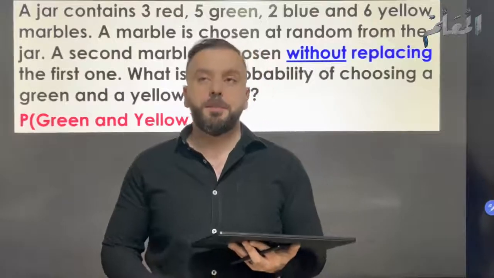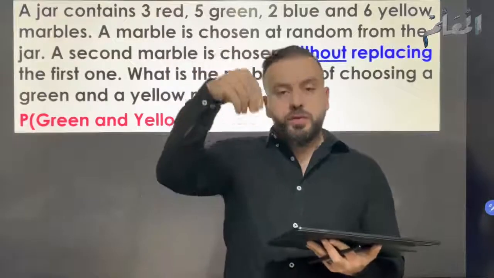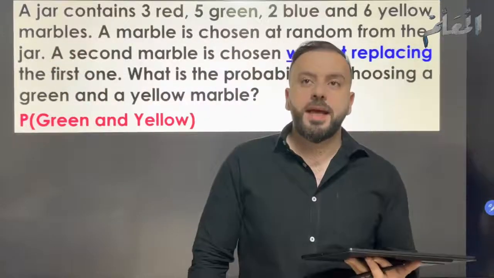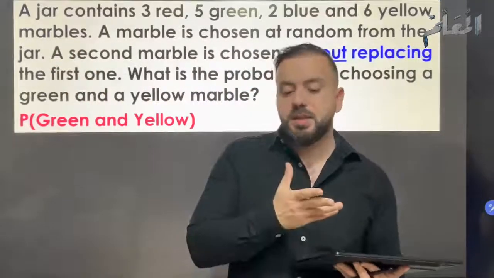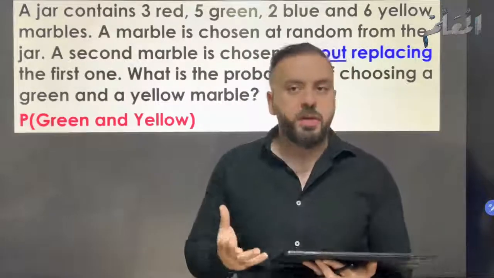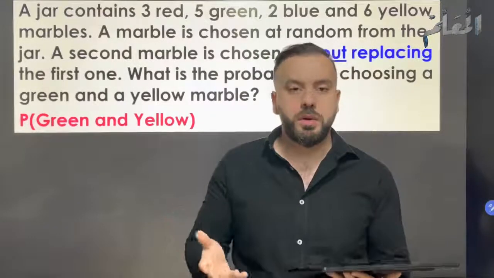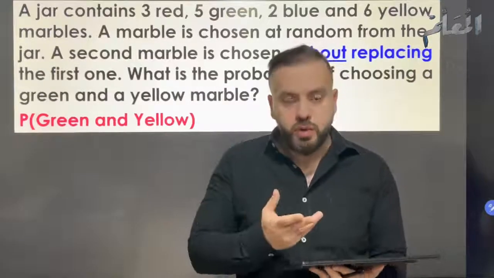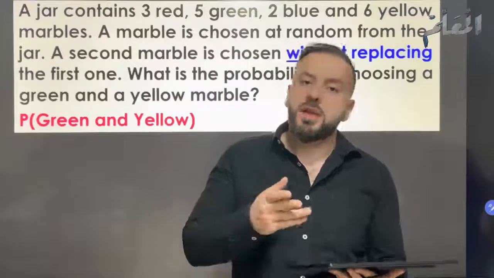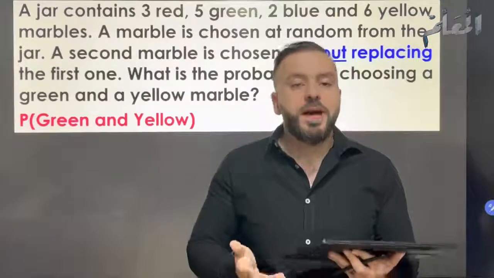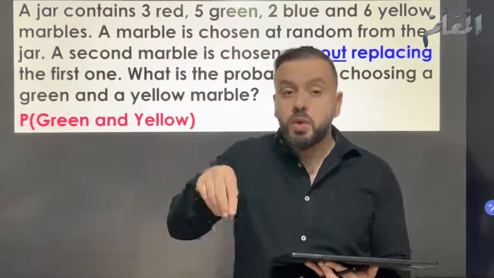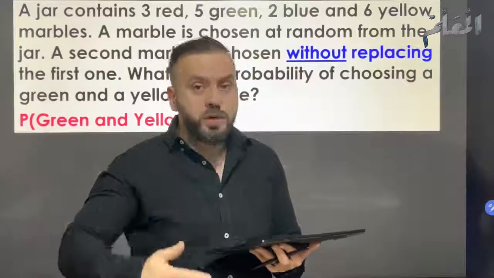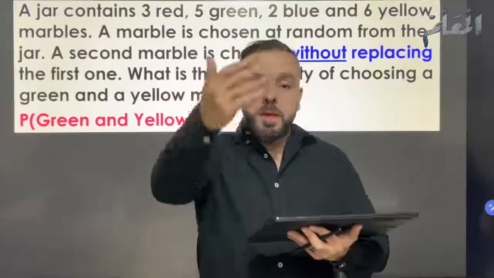As an example, let's say there is a jar full of marbles, red, blue, green, whatever you like, and let's say there are 3 red, 5 green, 6 yellow. If I want to take the red, it's 3 out of the total, 3 plus 5 plus 6 is 14. So 3 over 14, that's the red. If I took 1, are the marbles going to be the same count, which is 14? Of course not.